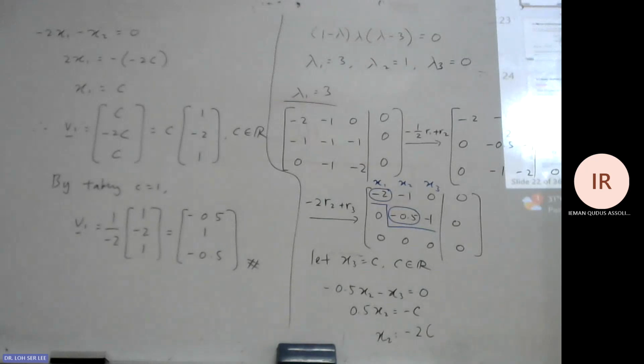We need to substitute lambda into the A minus lambda I just now. We have the A minus lambda determinant, right?